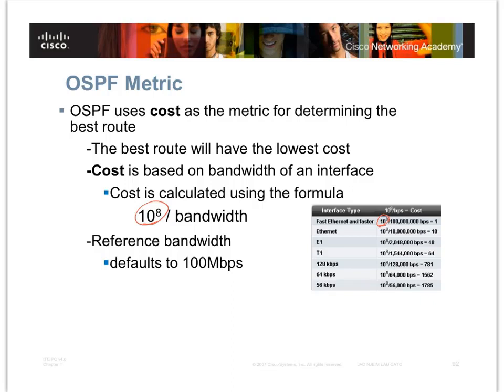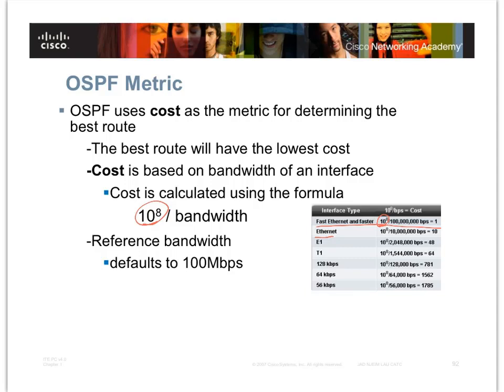If the link has a bandwidth of 100 megabits per second, what is the cost? 1, which is valid for the case of fast Ethernet. If fast Ethernet, the bandwidth is 100 megabits per second, this means that the cost is 1. This is the first row here.